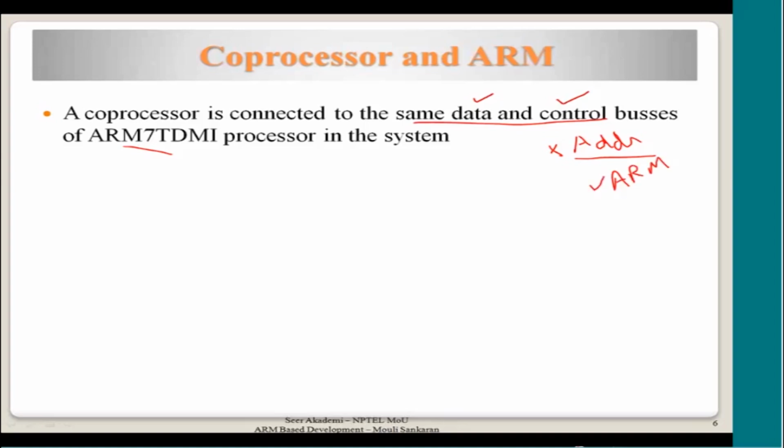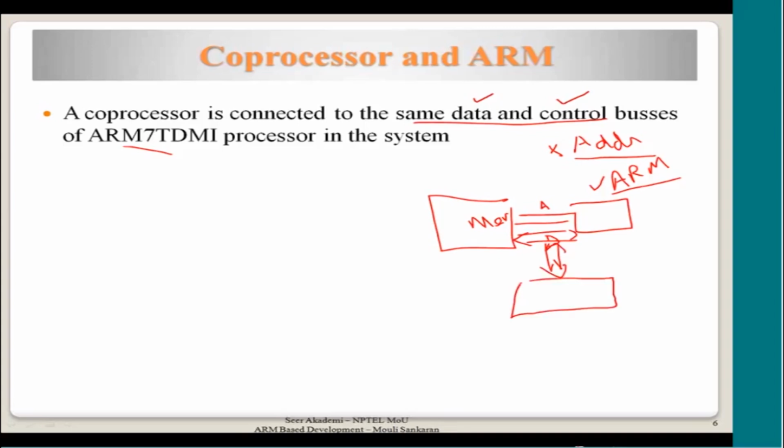So instruction fetching is done by ARM, but while ARM is fetching the instruction, it is also read by the coprocessors. ARM issues the memory read to read the instruction from memory. So this is the address bus, and then there is a data bus, which is also connected to the coprocessors. And then the control signal is also there. There is a control signal between ARM and the coprocessor.